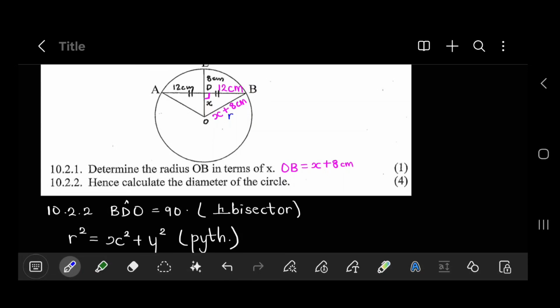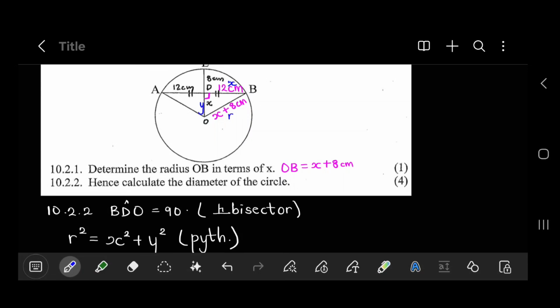Now don't get confused with this. X from the theorem of Pythagoras, I'm going to take as the horizontal distance, so I'm going to take as the 12. And y, I'm going to take as the vertical distance. As a standard measure, we always take x as the horizontal distance and y as the vertical distance.